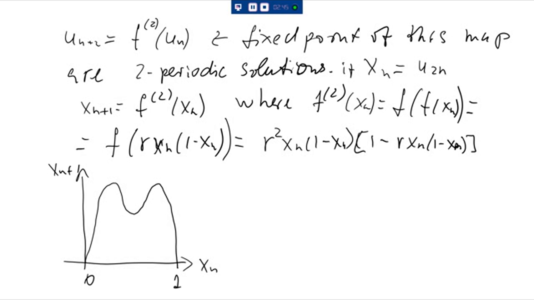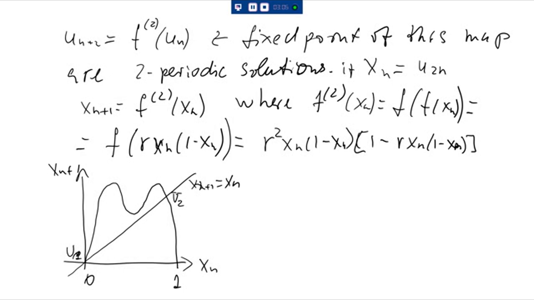Zero, one, and this is the diagonal line. So we have this first solution, which was u0. This was u1, this was u2.